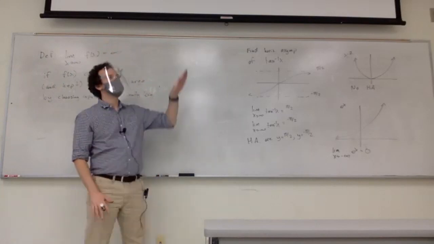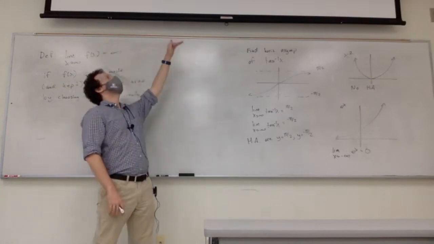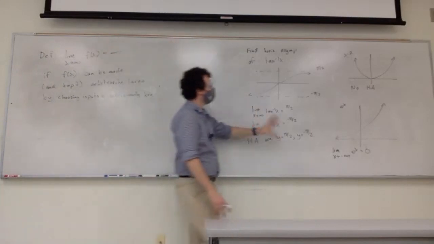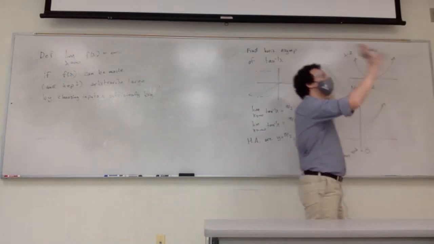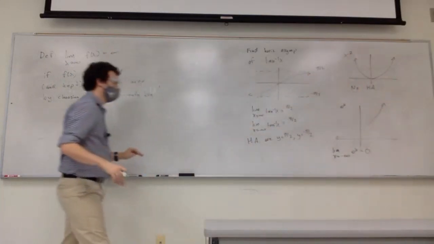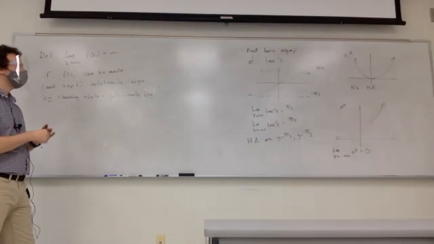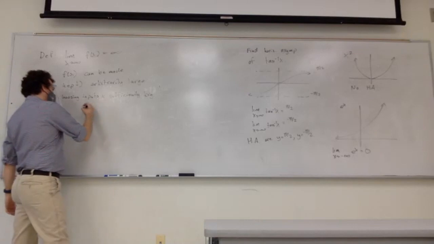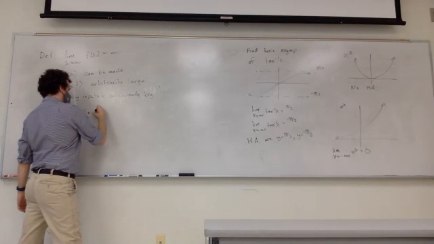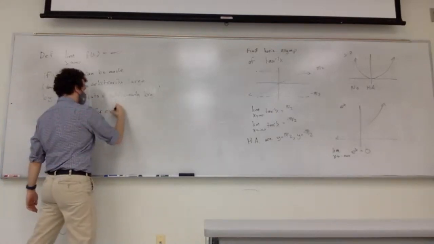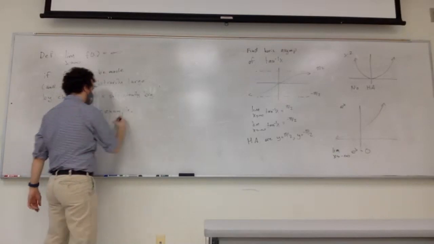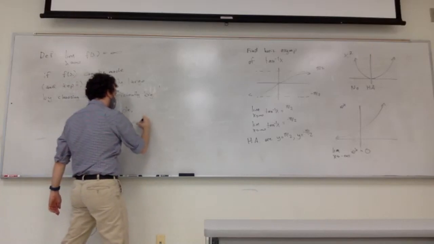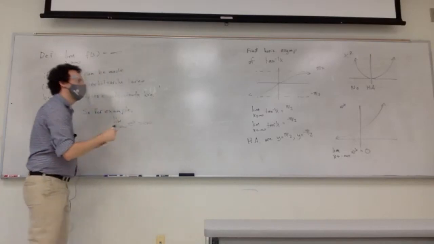It's not like they get big, and then they get small again, then they get even bigger, and then small again. They have this standard behavior where you're getting big and you keep going up. So for instance, with e to the x, the limit as x goes to infinity of e to the x equals infinity.